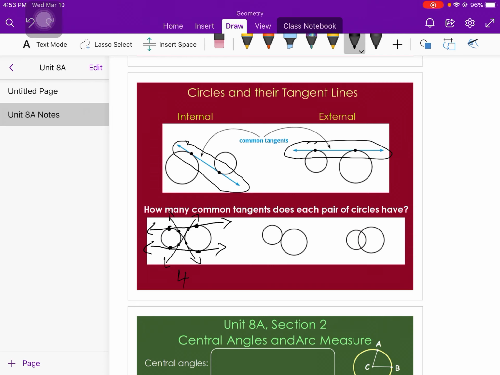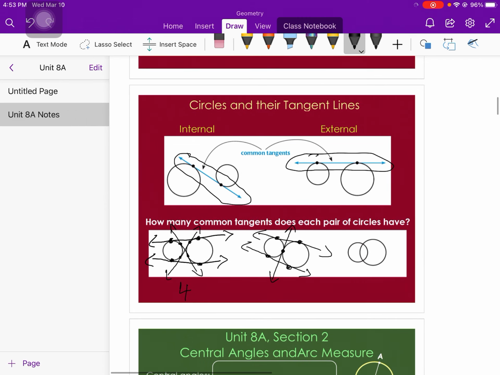The next one, we could have one on the top, could have one on the bottom. Now imagining that these two are tangent, the circles are tangent to each other, you could actually have one going through the middle and then go through that point where the circles are tangent to each other right there. So there's 3 in this one.